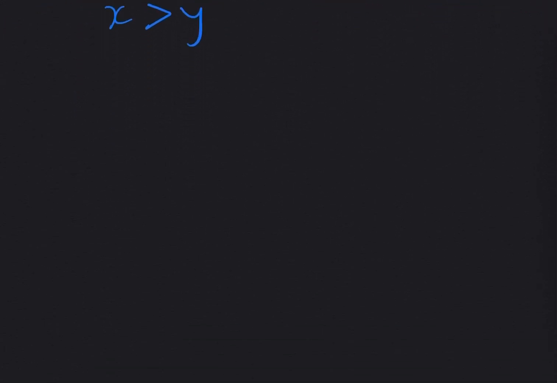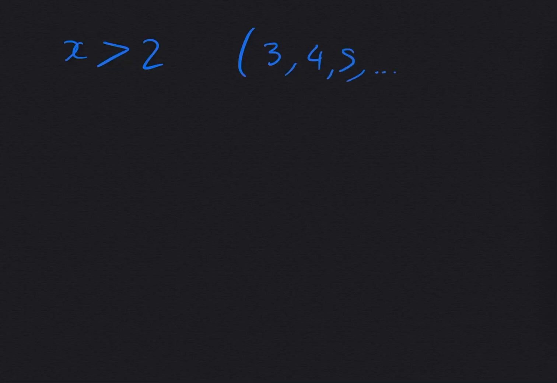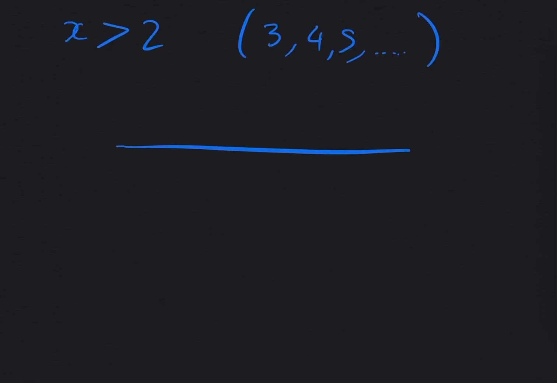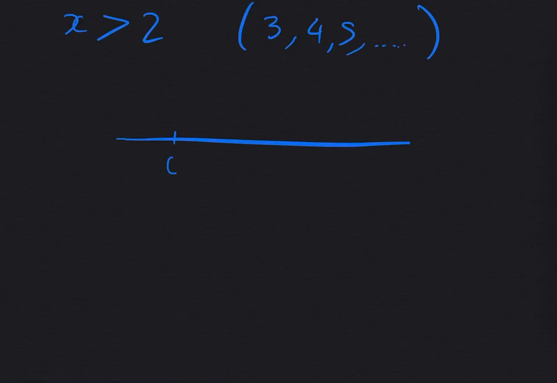Okay, so we want to think about how we represent this graphically. Let's just talk about if we said x is greater than 2. If we think about integers or whole numbers, it could be anything from 3, 4, 5, etc. All we do to graph this is we have a straight number line, and let's just put a 0 mark in here.